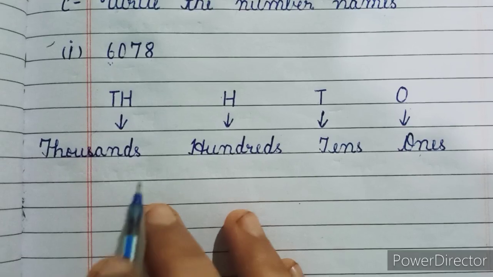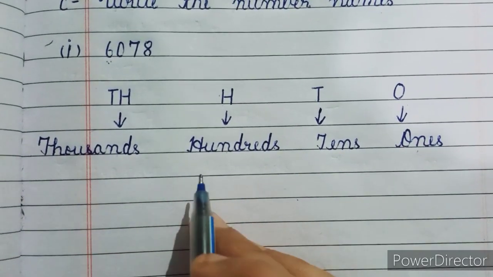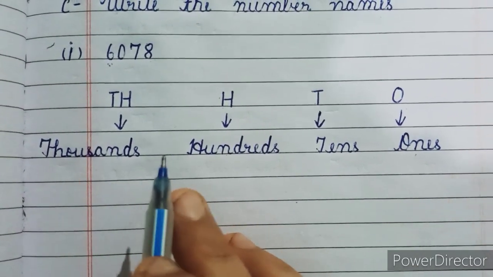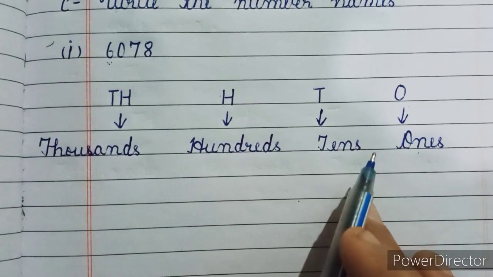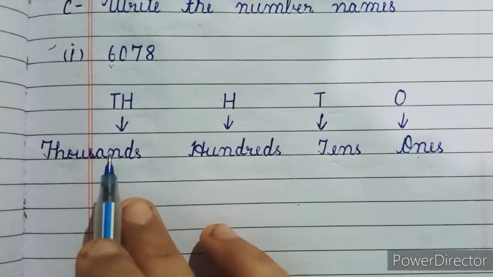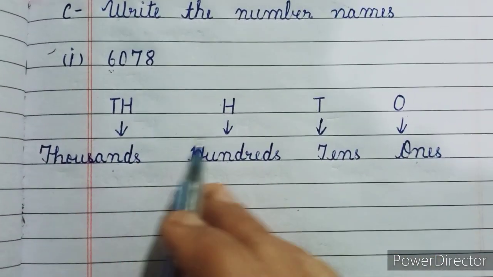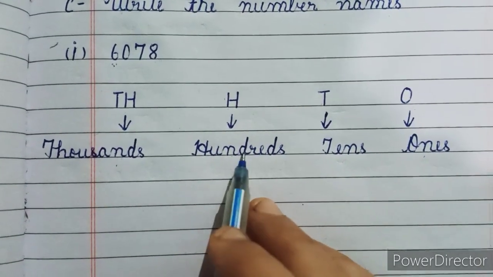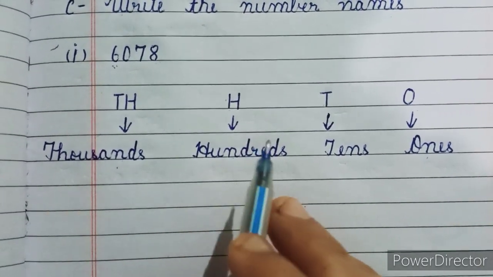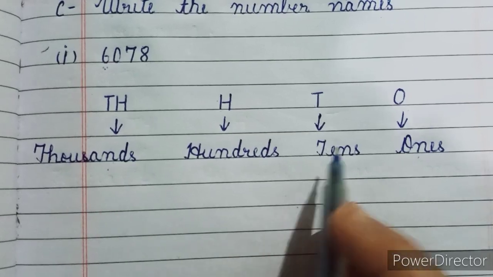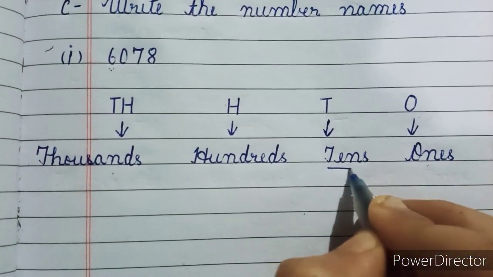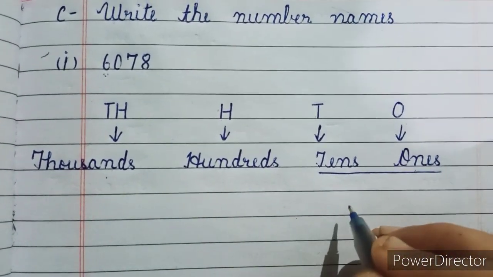Children, whenever we convert a 4-digit number into words, we divide it into 3 parts. The first part is of the thousands, the second part is of the hundreds, and the third part is tens and ones together. Okay?